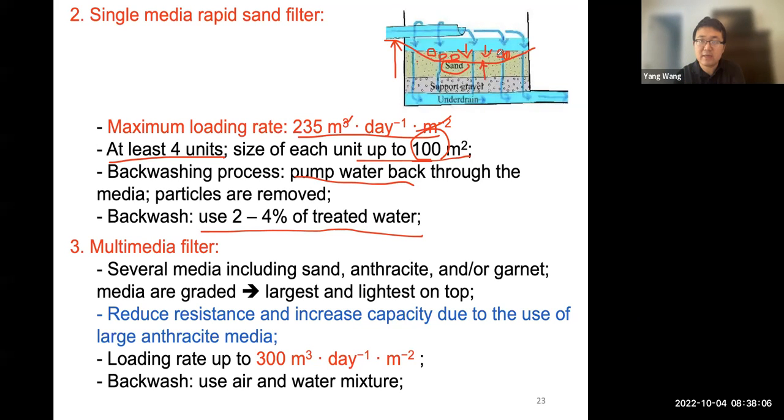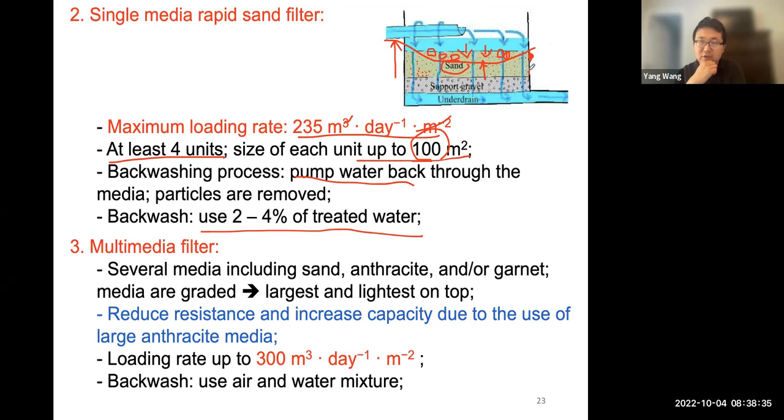But if you consider deeper in the sand, you're going to have a lot of smaller particles because they can penetrate further into the sand layer. So if you think about the distribution of the mass in this sand layer, the top layer is going to be much heavier, right? Because you collect more larger particles in here. And then the lower layer is going to be lighter. And this is not a stable structure, right?